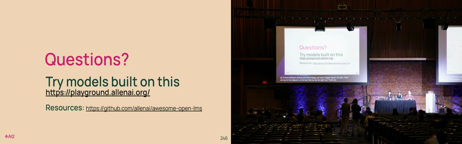Thanks for the awesome tutorial. My question is centered around data ablations and effectively reducing their cost, because Kyle, you mentioned it's quite expensive. One way you already mentioned is extrapolating from smaller scale data ablations.